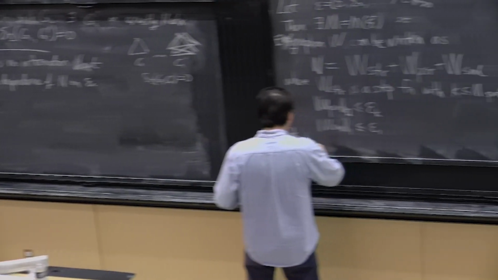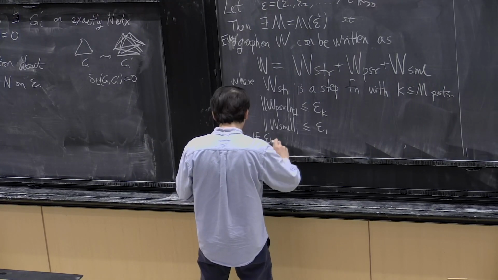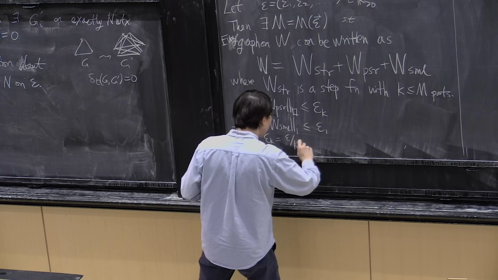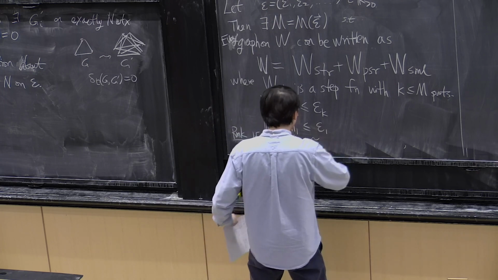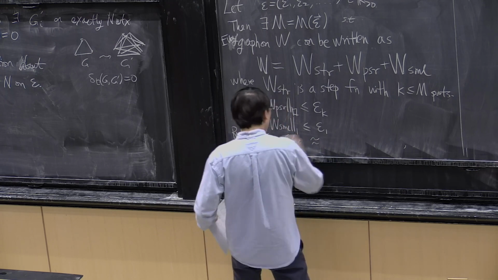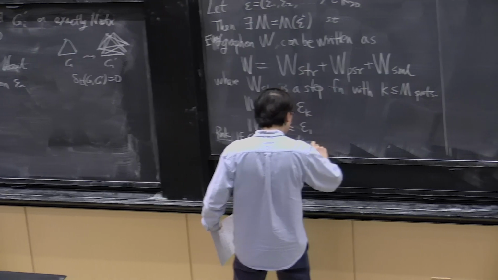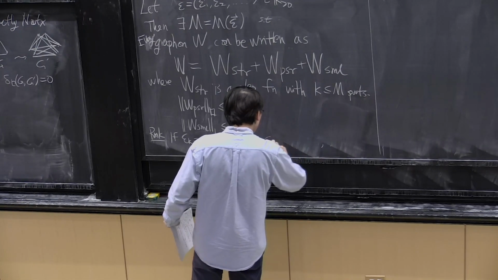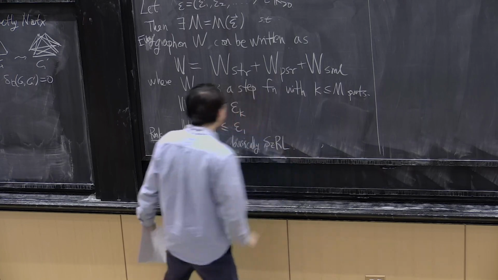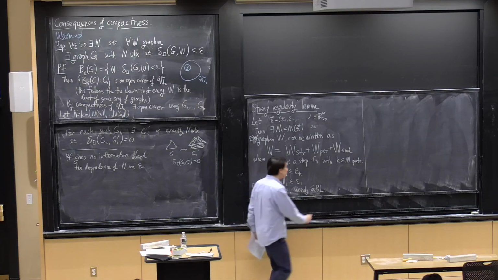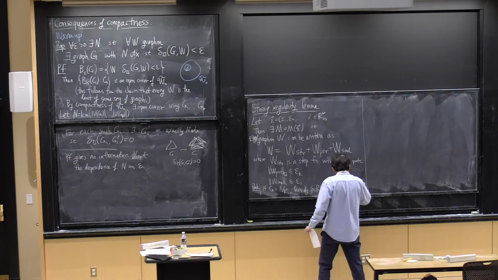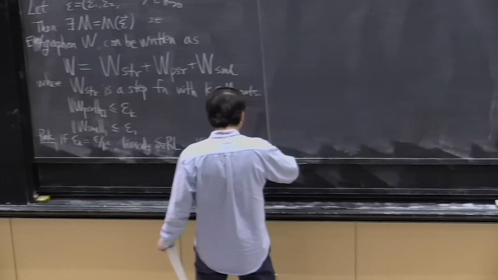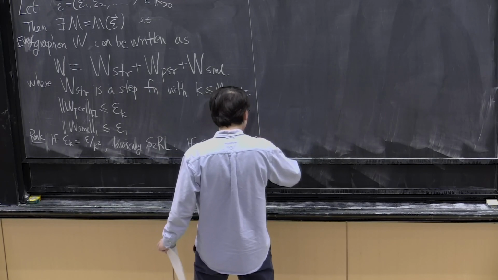So for example, if epsilon_k is roughly some fixed epsilon over k squared, then this is basically the same as Szemerédi's regularity lemma. Whereas if all the k's are the same epsilon, then this is roughly the same as the weak regularity lemma.